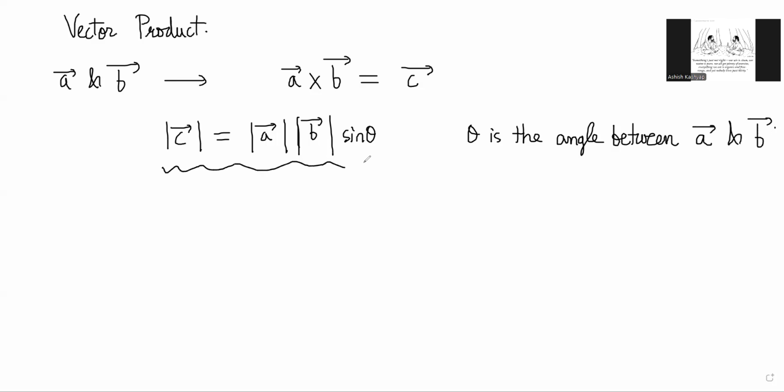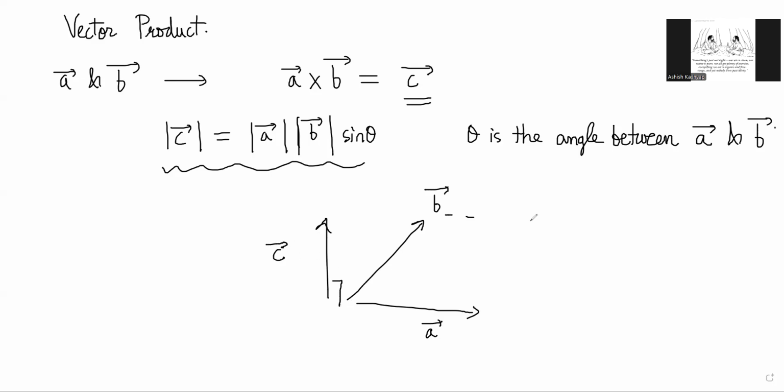And the direction of the vector C, which is the product of these two, is going to be in the plane that is perpendicular to both A and B. So if this is the diagram for A and B, the direction of C vector is this, which is perpendicular to the plane containing A and B.